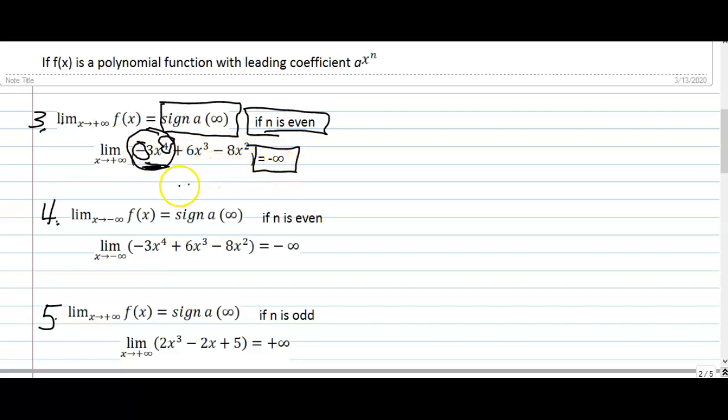And again, you don't necessarily need to memorize this because it just makes common sense. Again, a positive large number raised to an even power is still going to give us a positive quantity even greater. But when we attach the minus sign here, then it becomes negative infinity.